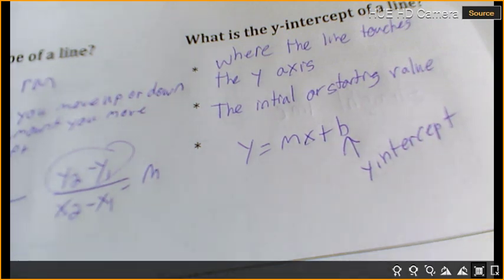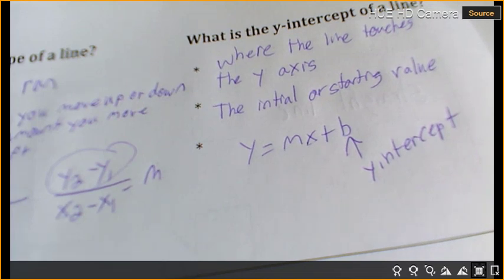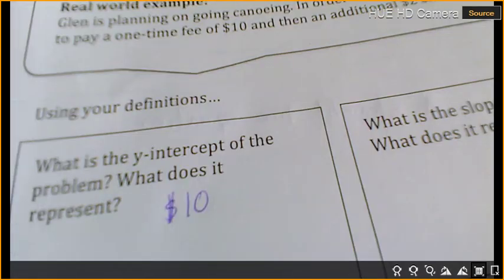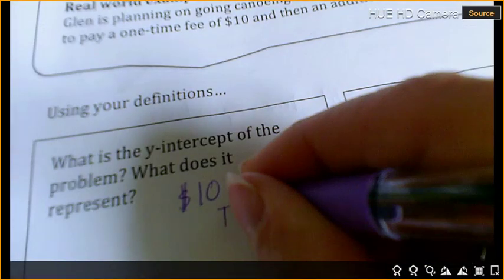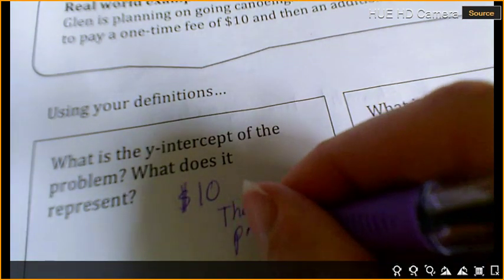So where would it start? $10, good. And what does that $10 represent? The initial price.